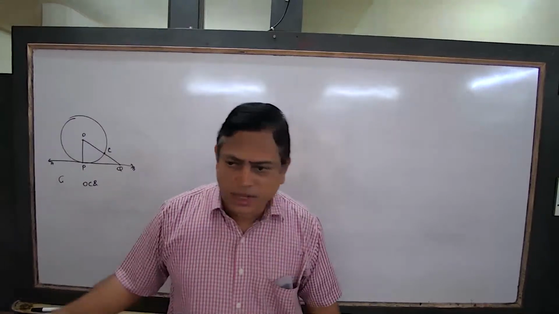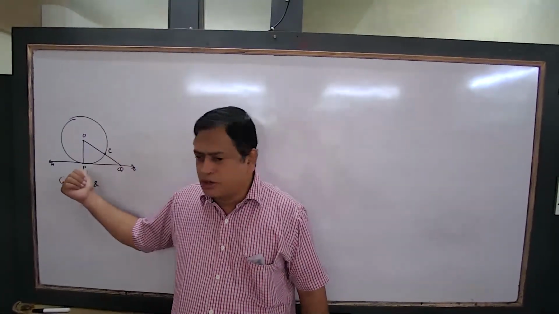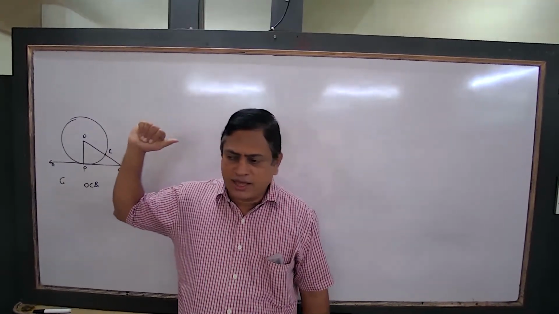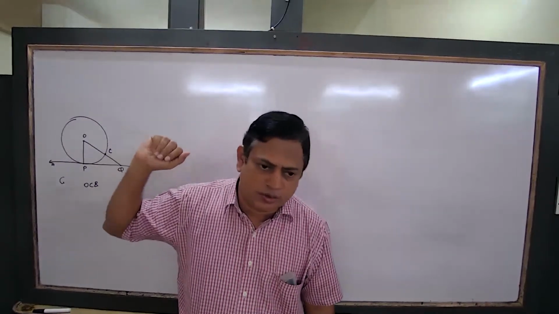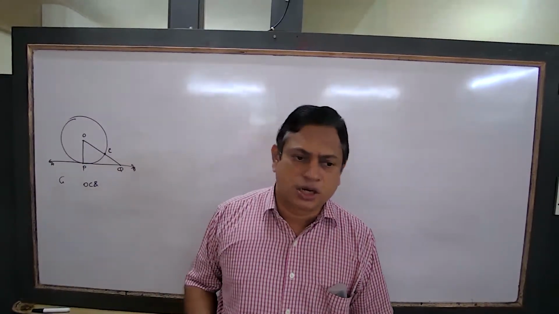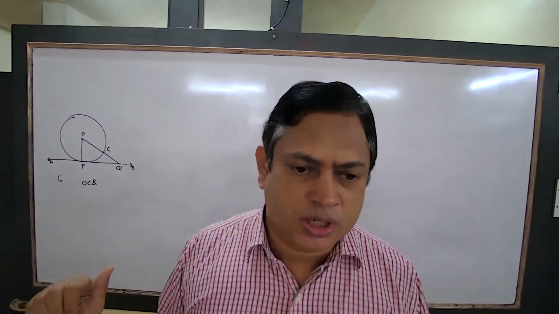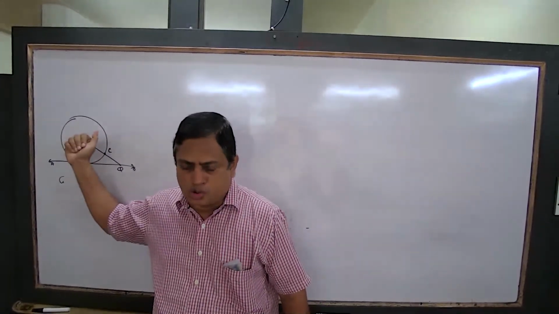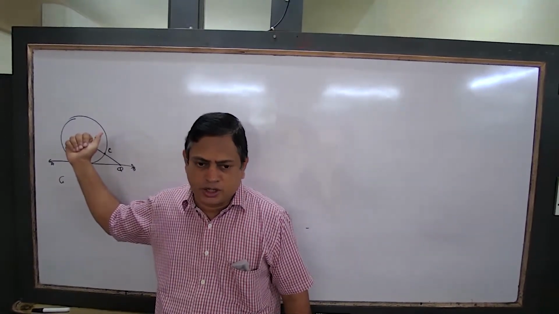similarly, if we take any point on the tangent AB other than point P, that point will always lie exterior to the circle. Therefore, its distance from the center will be more than the radius. Therefore, OP is the shortest distance between line AB and the point O. We know that the shortest distance is the perpendicular distance.